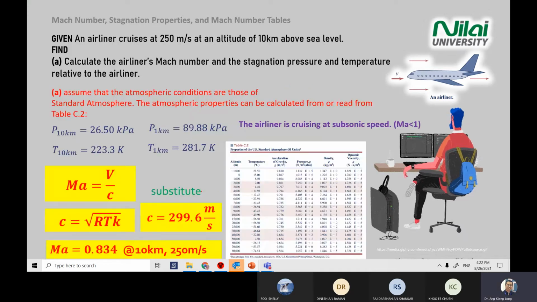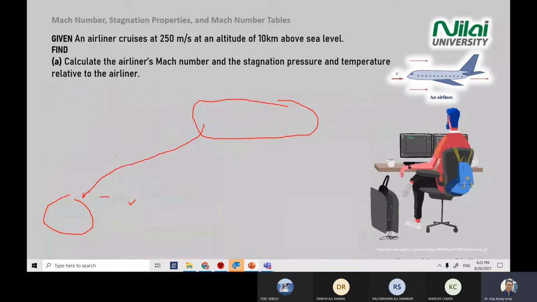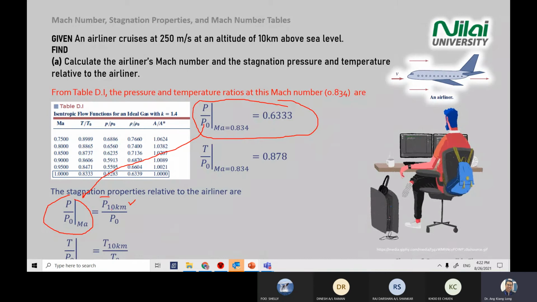If you refer to the previous slides, you have the pressure from Table C.2: the pressure and temperature at 10 kilometers. So you substitute using this ratio equation, and you manage to find the stagnation pressure equal to 41 kilopascal. You do the same for temperature, and you get 200 something.